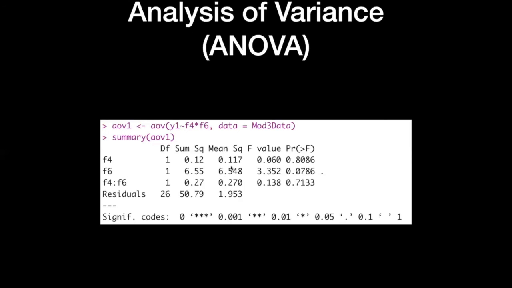If you divide 0.117 by the within group, you'll get a p-value. And using this p-value, you can compare it with the critical p-value.